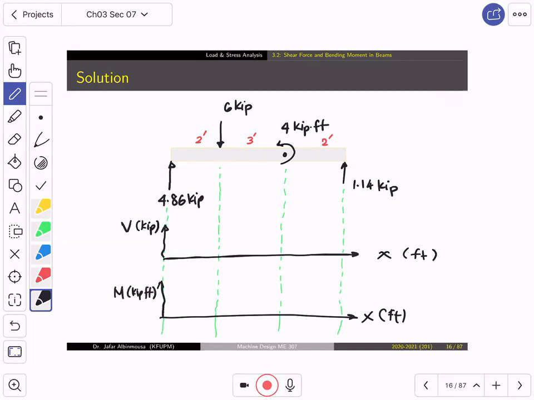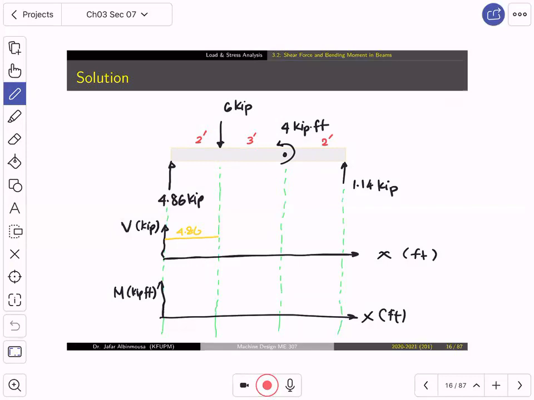Now, let's use the yellow for the shear force diagram. What did we say, guys? We start with the reaction, right? Right. Okay. So what is the reaction? 4.86. So this is 4.86. Constant. Nothing happened.